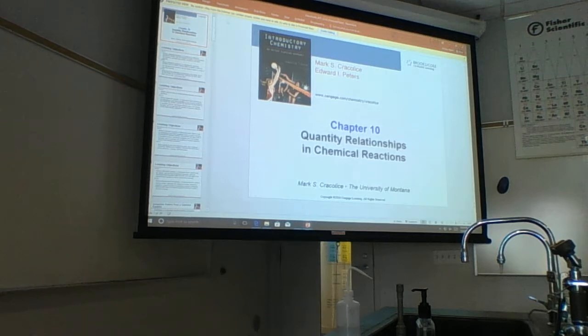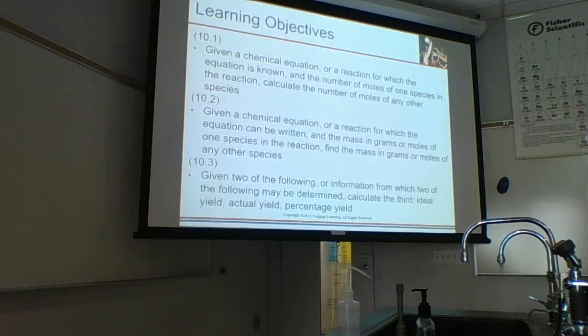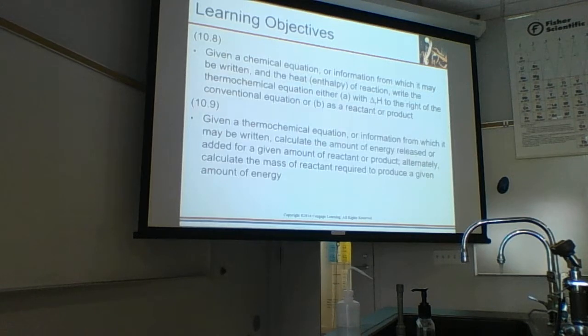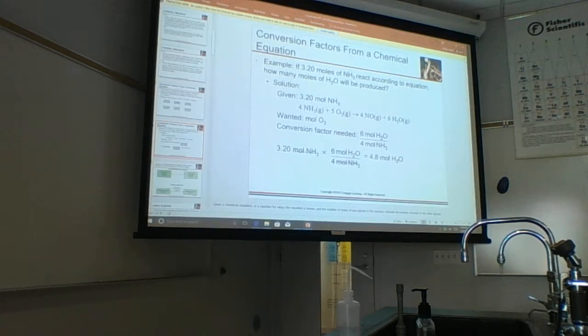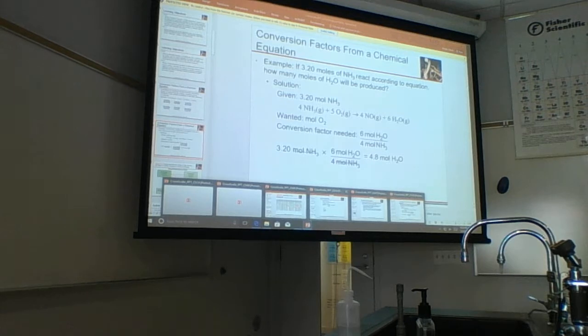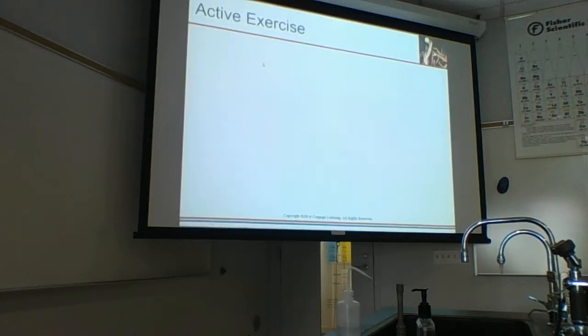Chapter 10 was the stoichiometry. So yes, all of 10, and then not all of 14. If we look at 14, we're not going to have the gas stoichiometry in 14. So we're just going to go to molar volume.